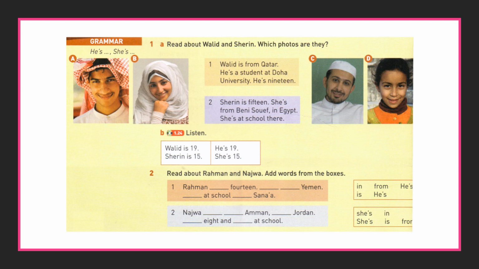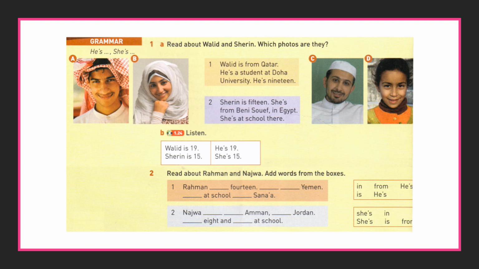Okay, now I hope you finished with matching the photos, and let's go and match the paragraphs with the photos. Now, number 1, this is C. So Walid is in photo C. Paragraph 2, Shireen, this is picture B. Now we need to notice when we talk about Walid, we said Walid is 19, whereas Shireen is 15.